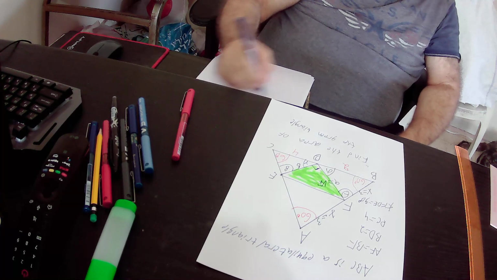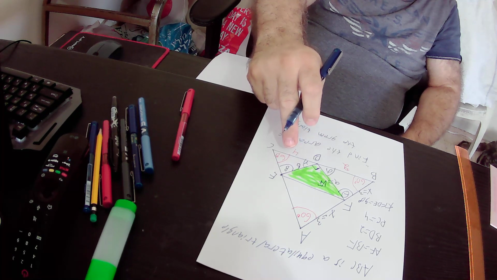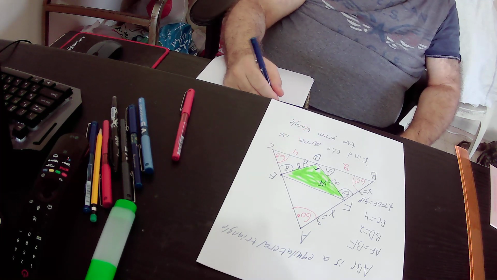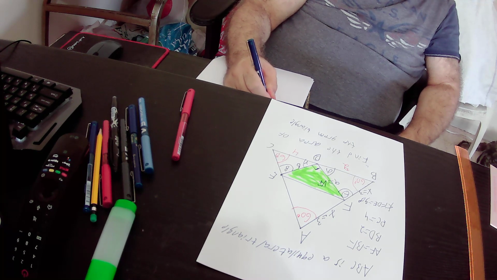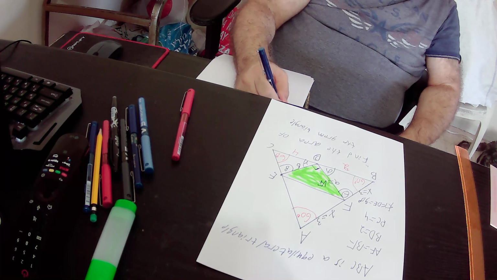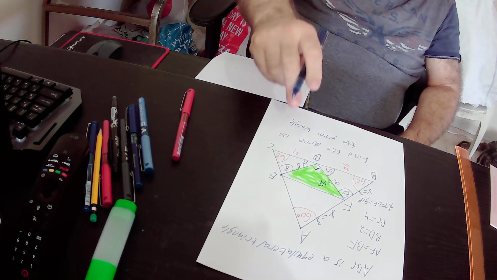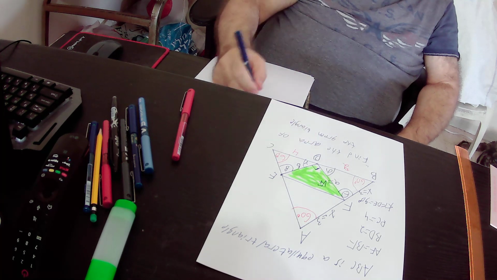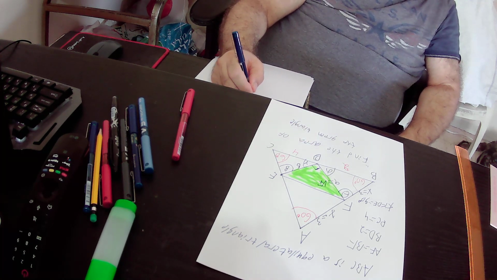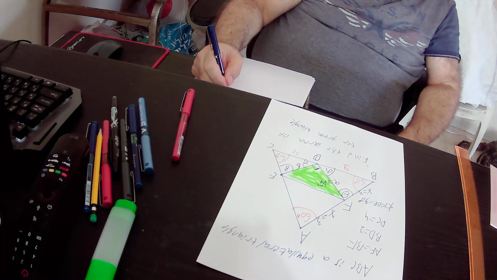And also in triangle DEC, the sum of its angles is 180 degrees. That will be our second equation, which states that the sum of the angles in triangle DEC equals 180 degrees. That is to say, 60 degrees plus gamma plus beta equals 180 degrees.